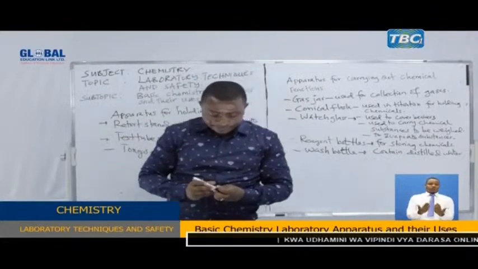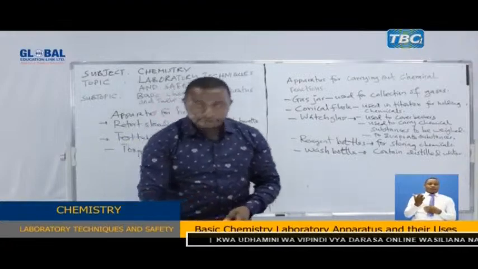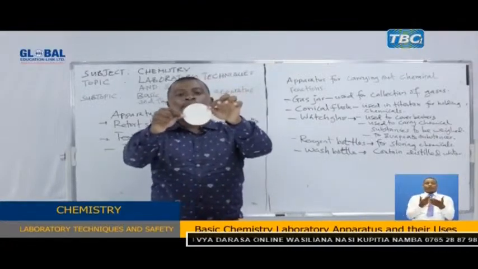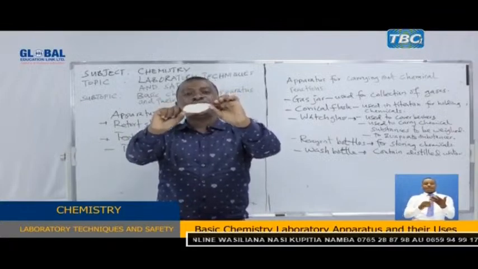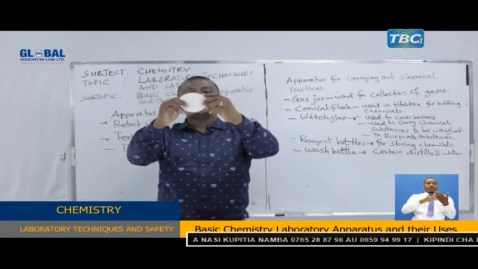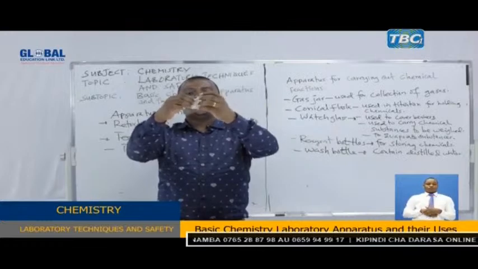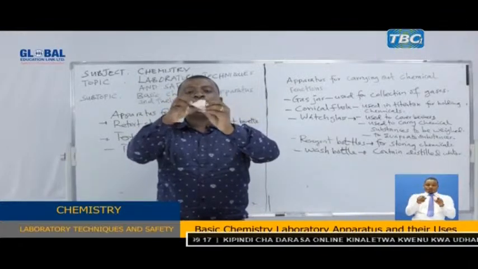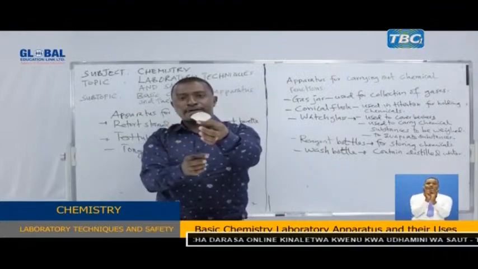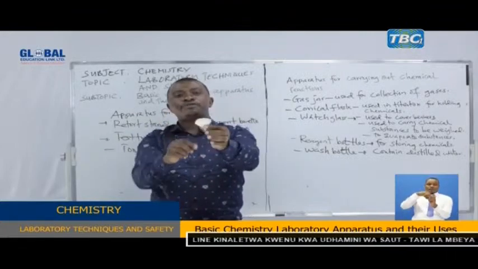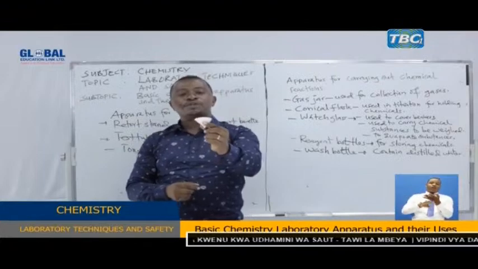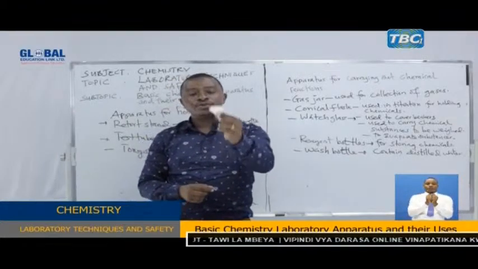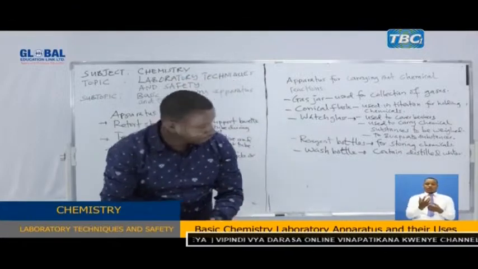But we also have some other apparatus such as filter paper. This one is used in filtration. It is folded into a cone shape and put into a filter funnel. You can see it here. It is used to separate solid substances from liquid substances. So it is used in filtration.